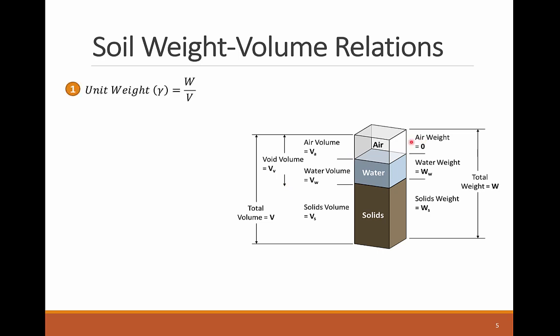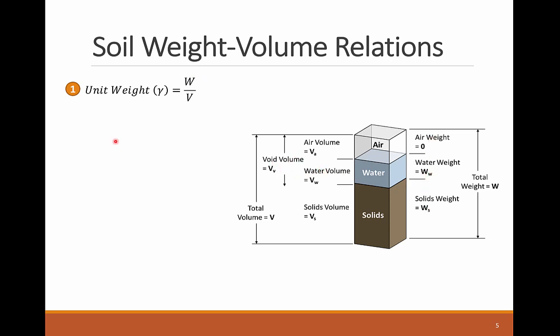The first relation, called the unit weight, is a typical density formula as the ratio between the soil weight, W, to its volume, V. The unit weight is also known as the bulk density or wet density, as the total weight includes the weight of both water and the solids.